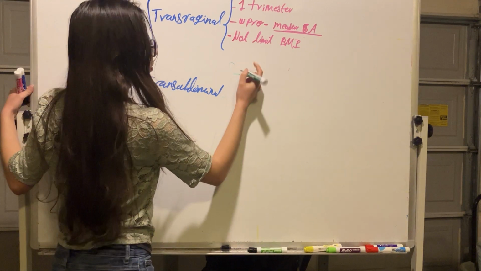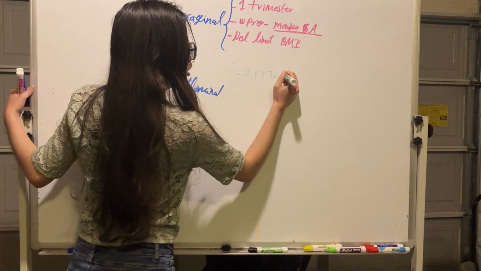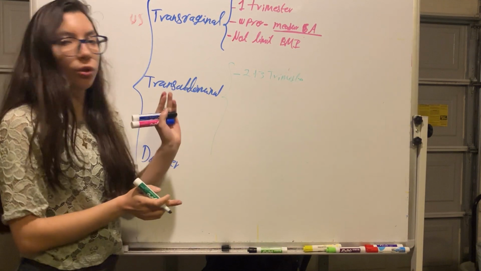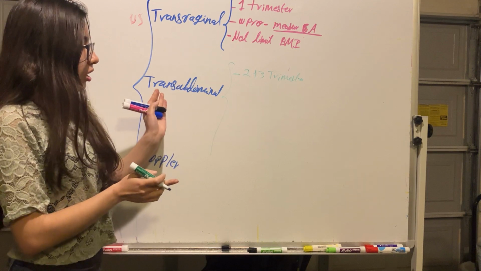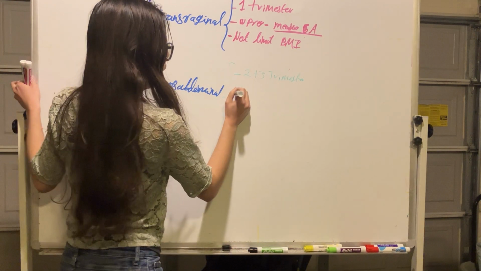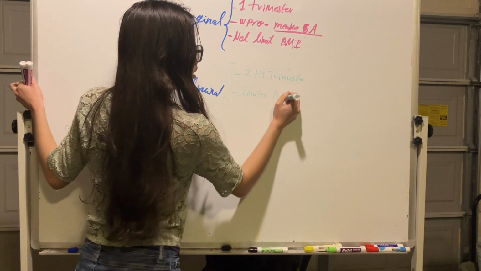This one is done during the second and third trimester. Each time we're going to do an ultrasound during the second or third trimester, it is going to be via transabdominal. This is limited by the body mass index.